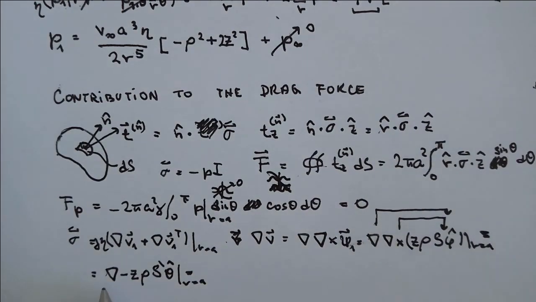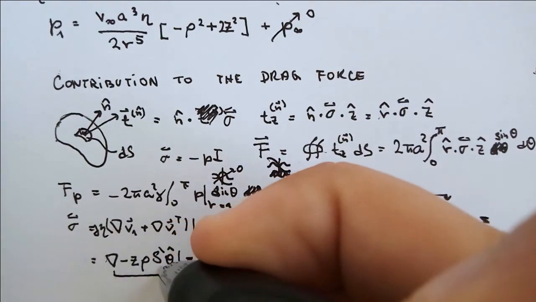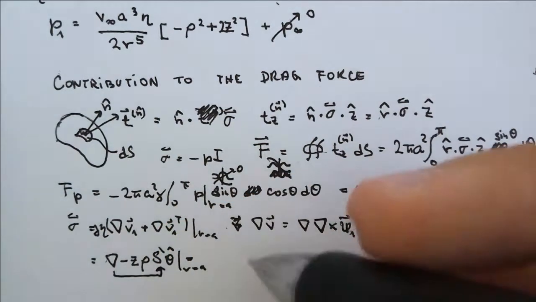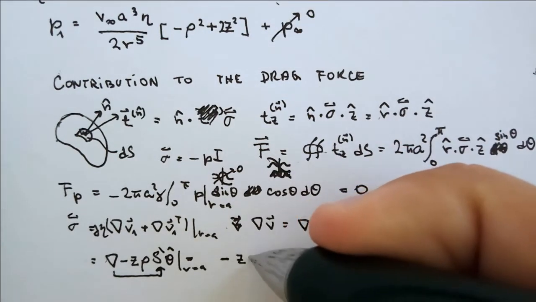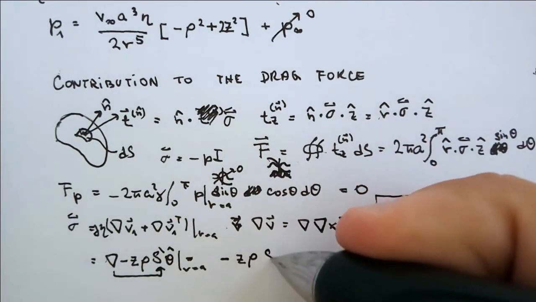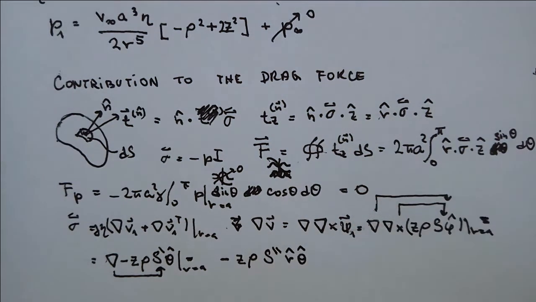Oh, that's not the reason, because it will vanish. So we have to know only the gradient of this term, because otherwise it would vanish. So it's minus s double prime times r hat theta hat.